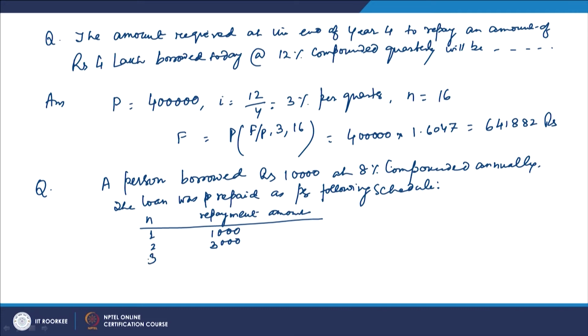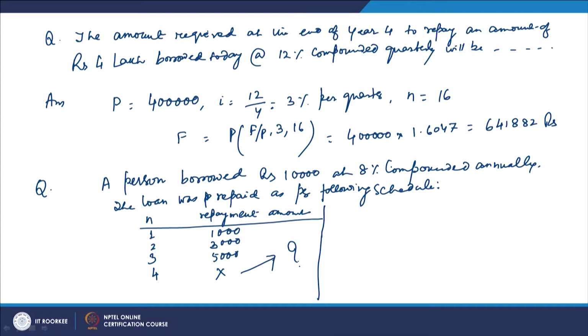So, third year you are giving 5,000, and in the fourth year you are giving X. Now, you have to find this value, that is your X. You have to calculate what this X will be, so that this 10,000 rupees amount is repaid fully at the interest rate of 8% compounded annually.